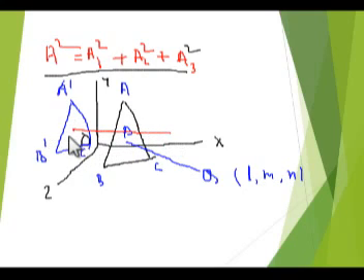I am taking this as P prime Q prime. Now we wish to know the area of the projected triangle with respect to the area of the triangle.